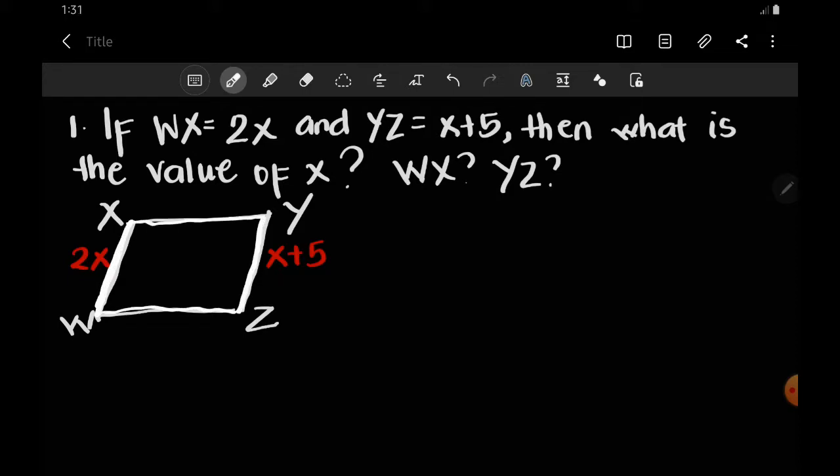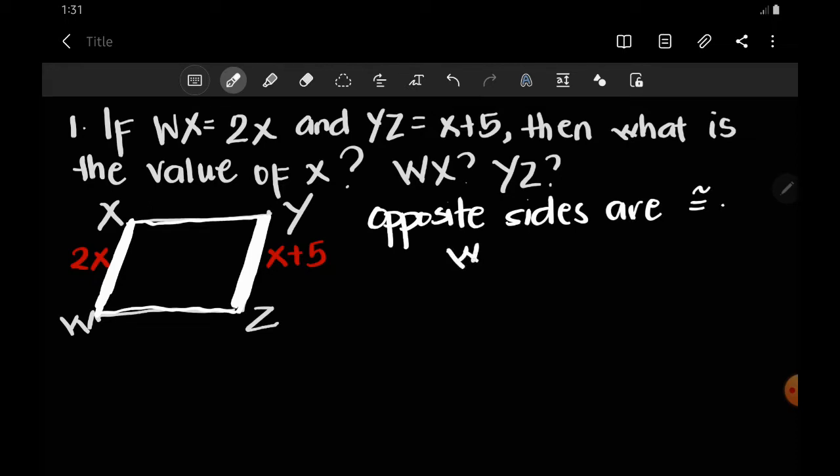Since we are talking about WX and YZ, the relationship between the two sides is that they are opposite sides. And based on the property, if that is opposite sides, meaning we are going to use the property opposite sides are congruent.